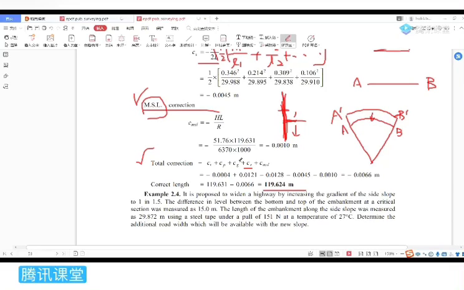All right, so let's take a look. It's quite easy. Basically, for example, this is O, the center of the Earth. I know the radius of the Earth. Suppose R over here is the radius of the Earth.